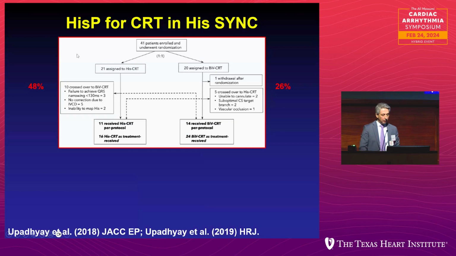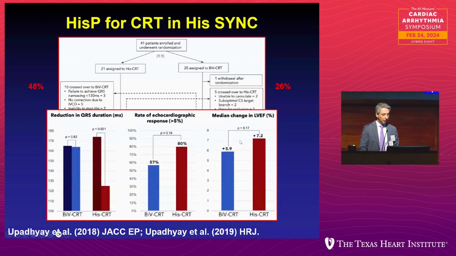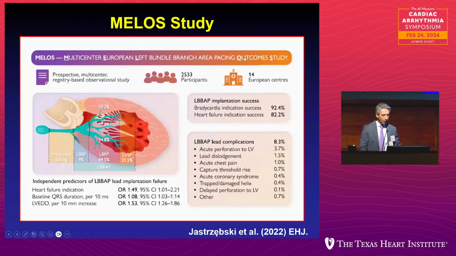So again, to illustrate, the HeSync clinical trial, done by Rotang and Gaurav Upadhyay, had a high crossover rate, definitely improved QRS duration and echocardiographic response. Again, small study, so no outcomes there.